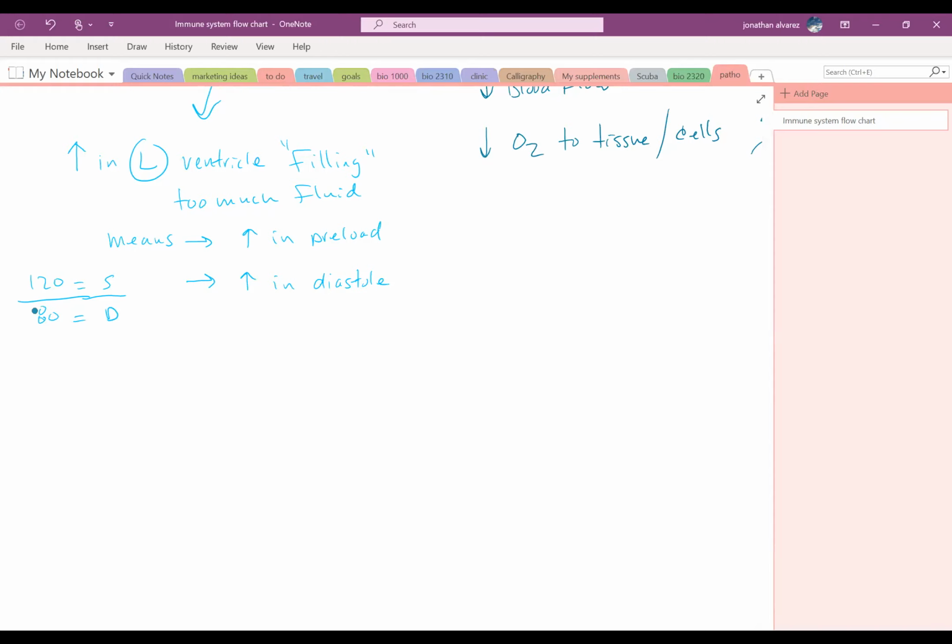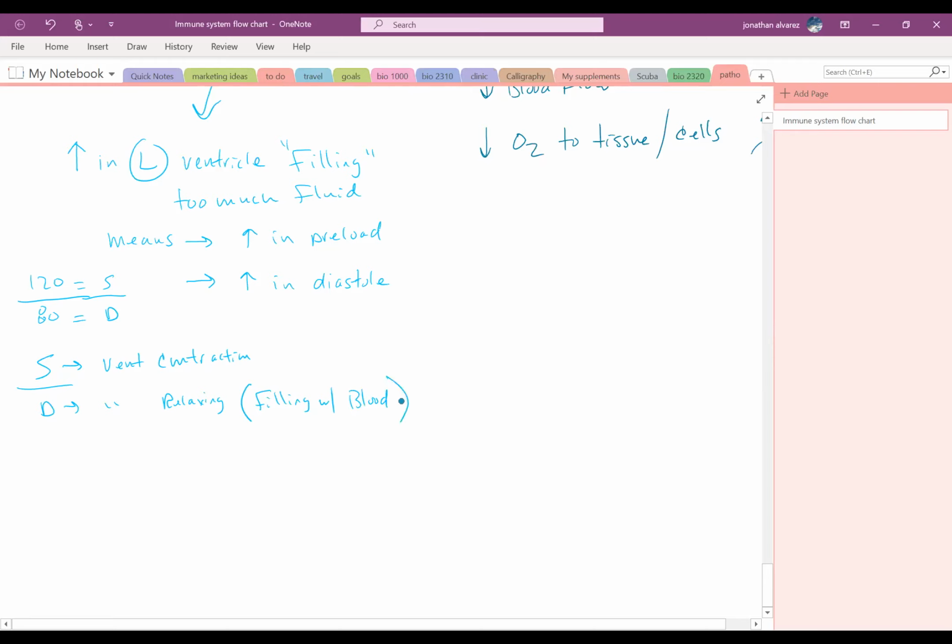All right, and keep in mind, one way of looking at systolic over diastolic, systolic is ventricular contraction, and diastolic is ventricular relaxing, which means it's filling with blood, right?